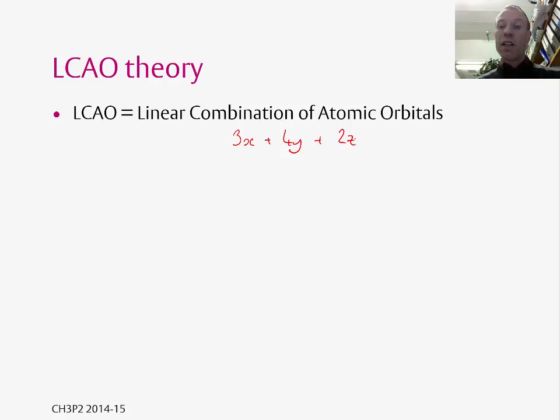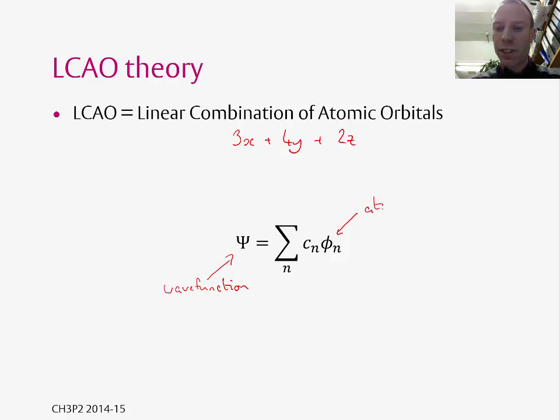If we think about orbitals, then we can write an equation like this. Here, capital psi is our overall wave function. Phi with subscript n are our atomic orbitals. And these Cn are just constants.